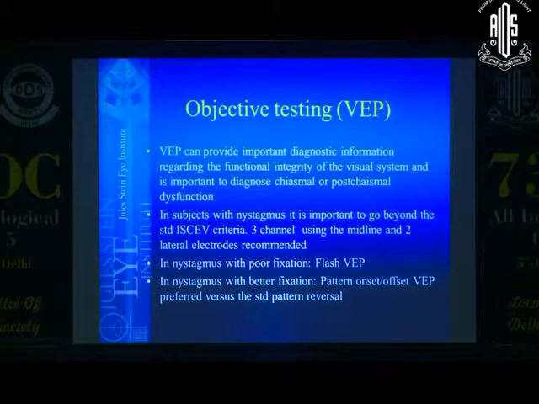Again, patients who have poor fixation usually only respond to the flash VEP, but in children who have slightly better vision, it is recommended that versus the standard pattern reversal VEP that we follow, the pattern onset offset VEP is giving better results.